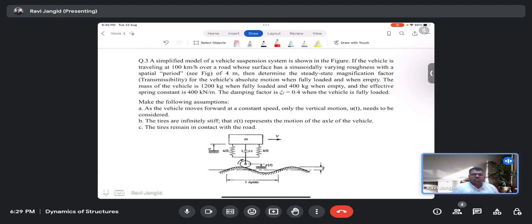Can you go through this question first by yourself? A vehicle is simplified as a spring system, a suspension system, given in the figure.